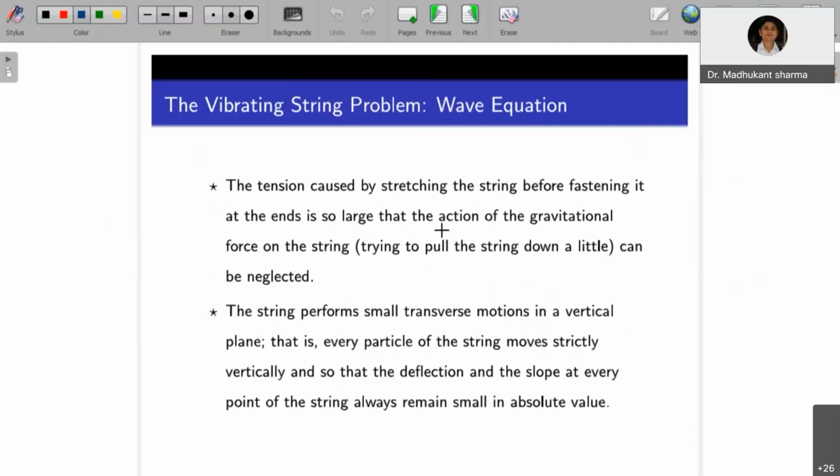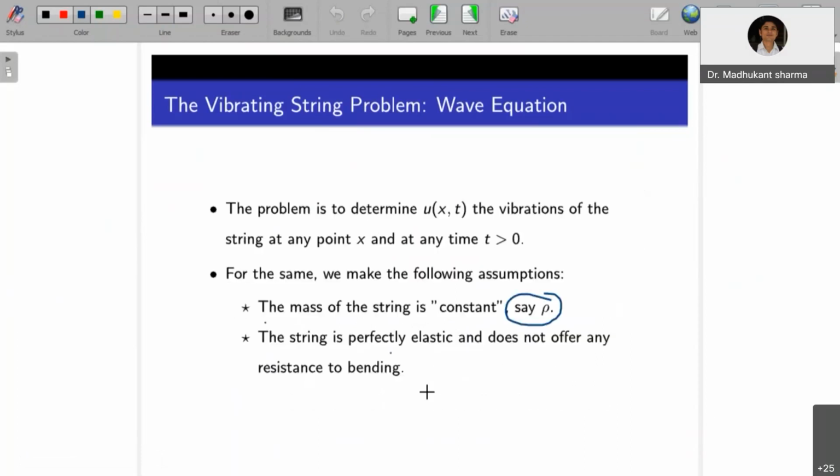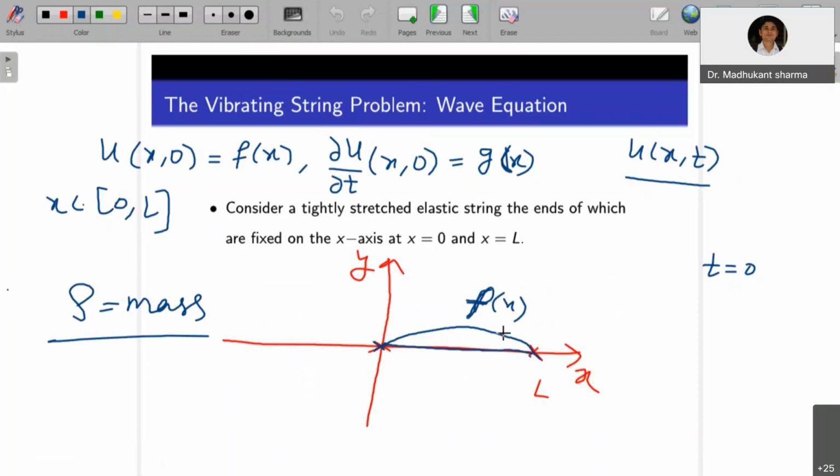Now, the string performs small transverse motions in a vertical plane. That is, every particle of the string moves strictly vertically. So this is a mathematical assumption right here. When this string vibrates, it does not offer any resistance to bend.